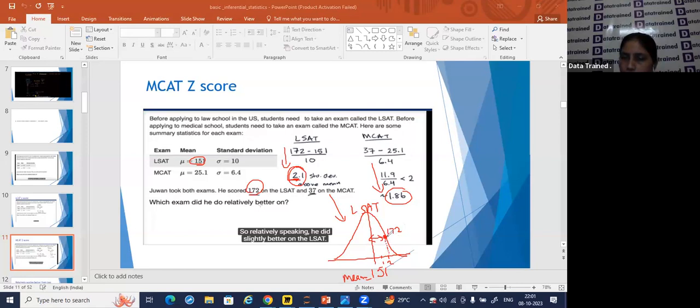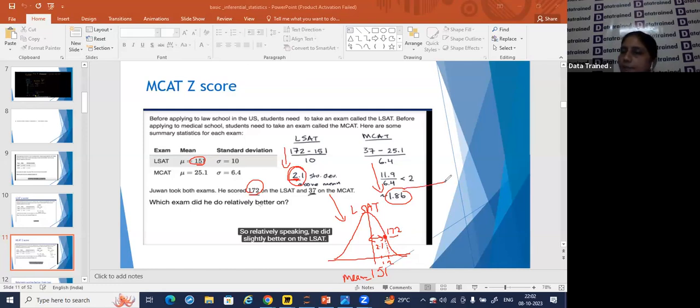So we can say the student achieved 172 marks, that is 2.1 standard deviated above the mean. So it means the student is achieving 172 marks at 2.1 standard deviations above the mean.